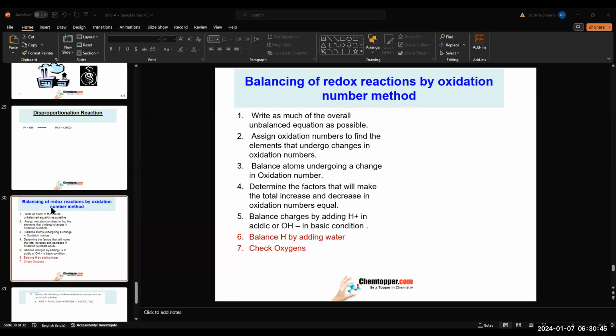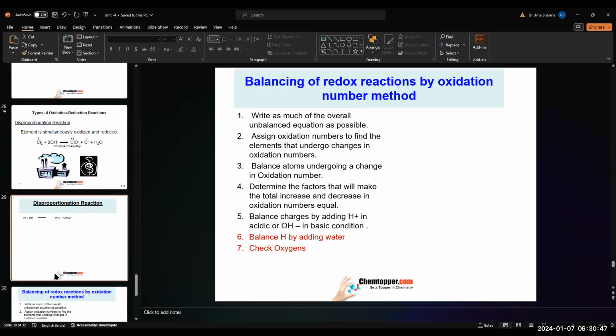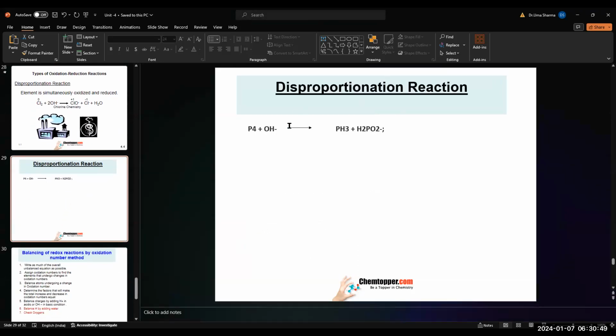So last time you remember we did this disproportionation reaction. What is a disproportionation reaction? Any one of you? We did the balancing of redox reaction.